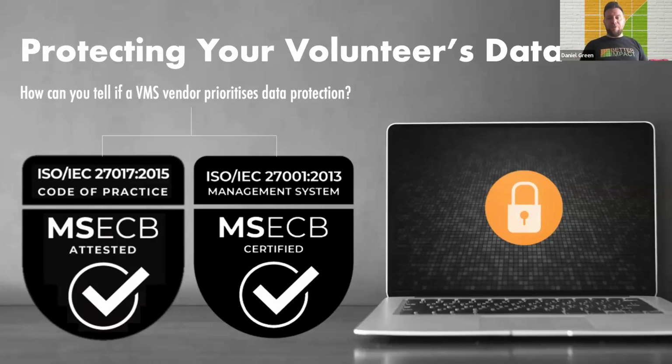Having the actual certificate rather than simply following the guidelines is an important distinction because it means the vendor has actually been audited by an independent body once a year to make sure the standards are being met. So you'll be pleased to know that we are one of these vendors with ISO 27001, and we are also Cyber Essentials certified as well.